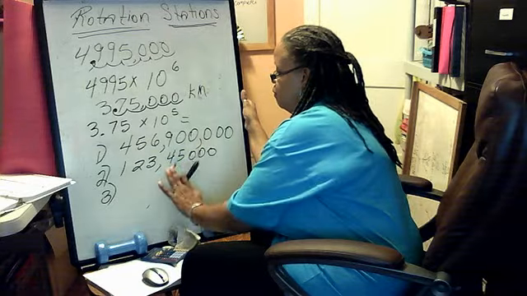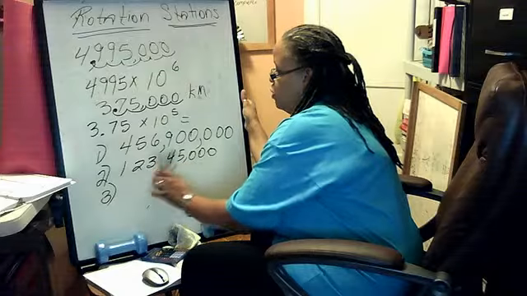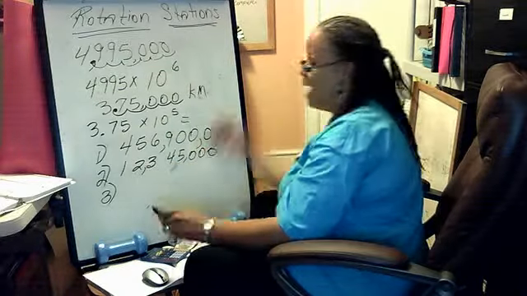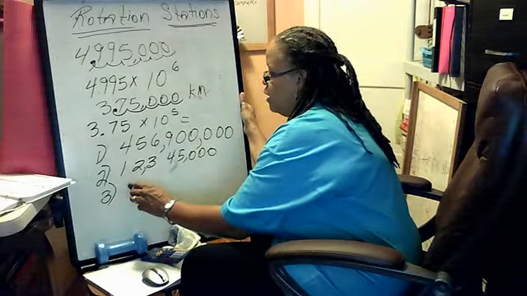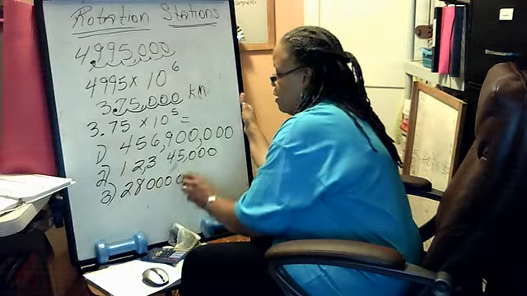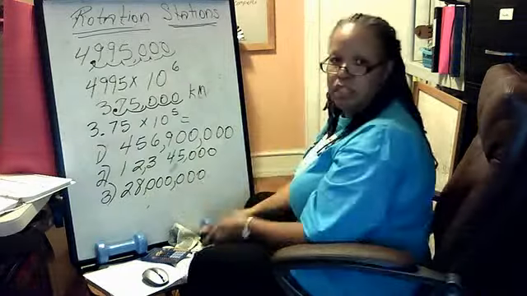Oh, put that comma in the wrong place. We're in trouble. 12,345,000, and the third one will be 28 million.